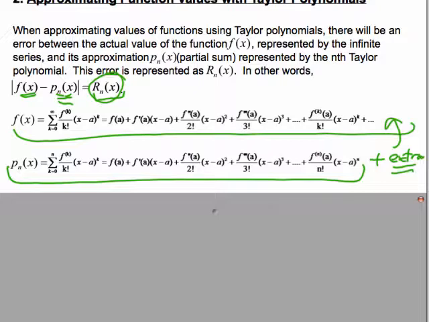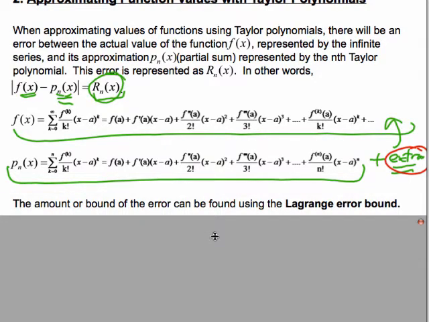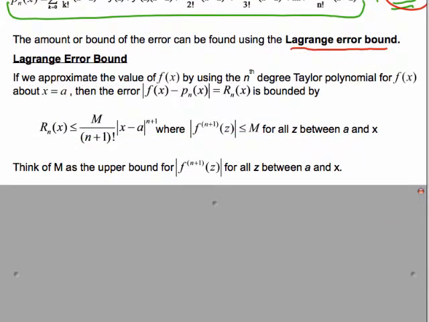So the question is, is there a way to determine how big our error is, as there was with alternating series? And there is. We can find the amount or bound of the error using what we call the Lagrange error bound. And here's what the Lagrange error bound says.